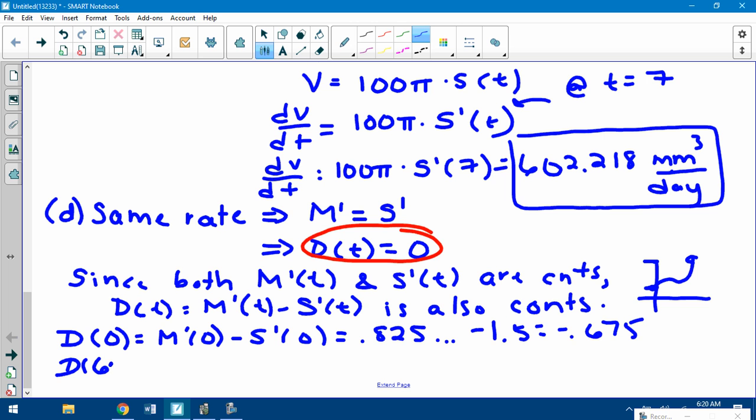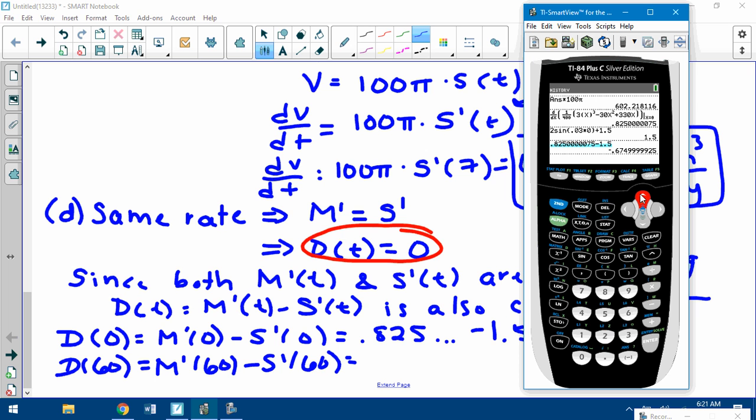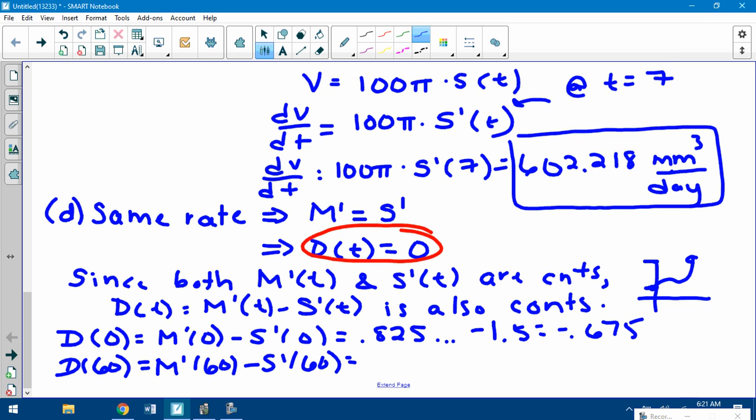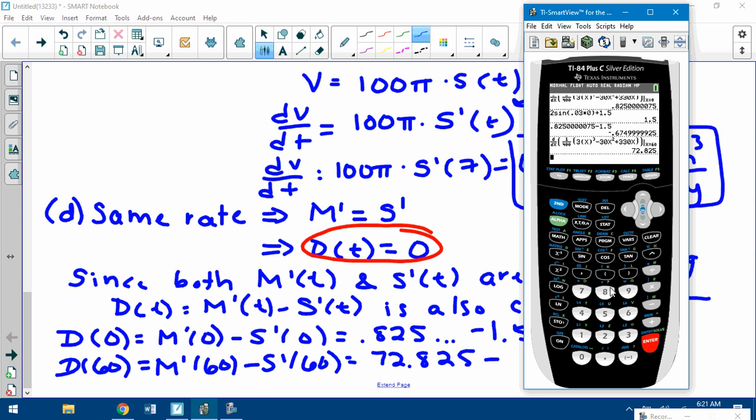Now I want d of 60. So that would be m prime of 60 minus s prime of 60. All right, well, I'm going to use what's already been typed in. Let's go up here. Let's take that, but instead evaluate it at x equals 60. 72.825 minus s prime of 60, so 2 sine of 0.03 times 60 minus 1.5, 0.4476.